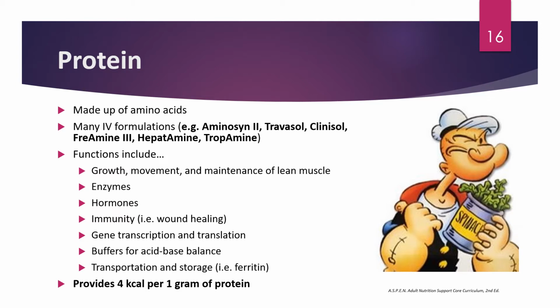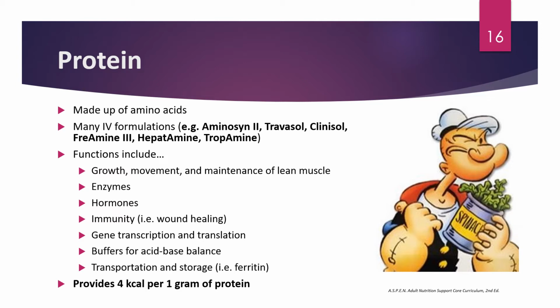They help in immunity or wound healing, as do some of our other micronutrients that we'll talk about in a little bit. We have gene transcription and translation as a function of proteins. We do have them as a function of buffer for acid-base balance. So if you remember your acid-base disorders, these IV formulations of protein and amino acid actually help in regard to the acid-base balance of a patient.